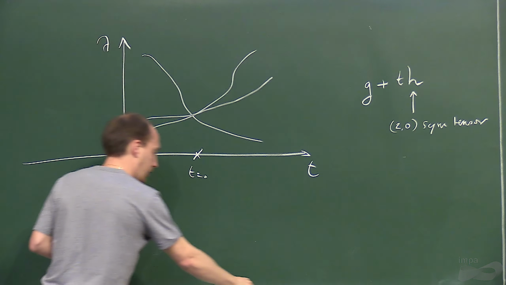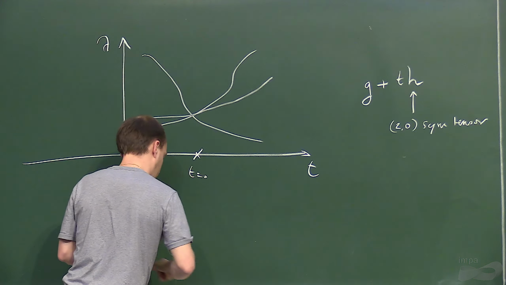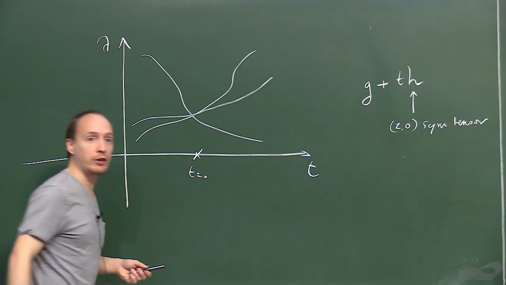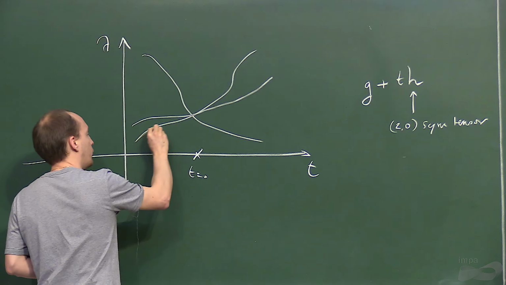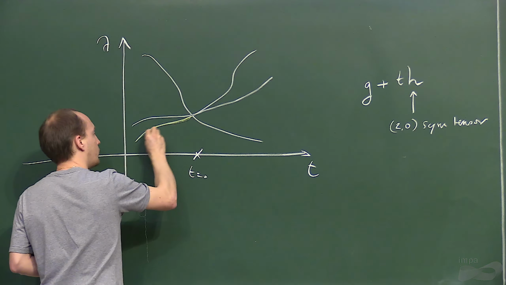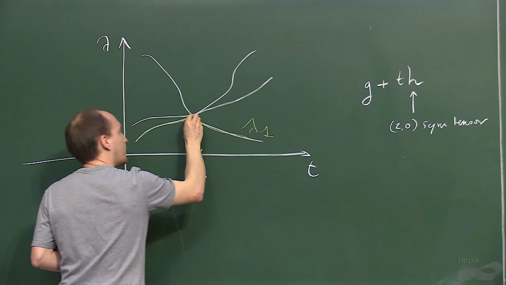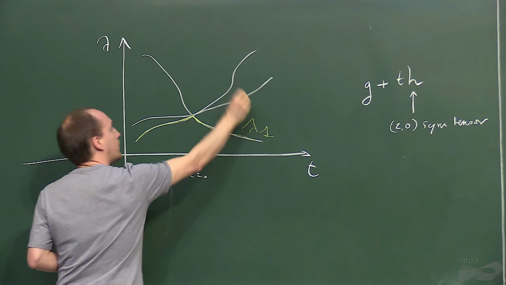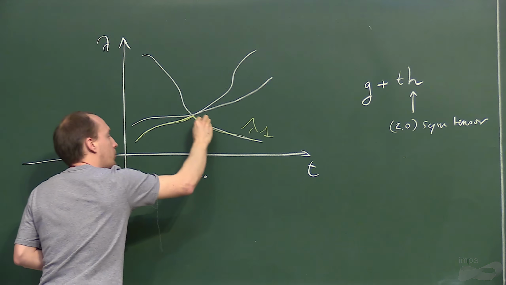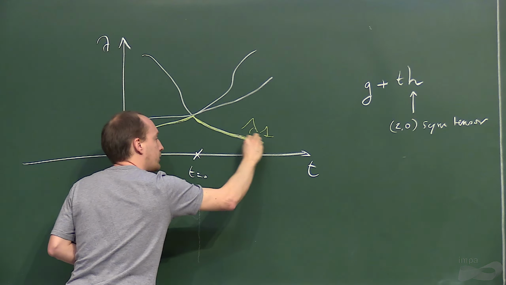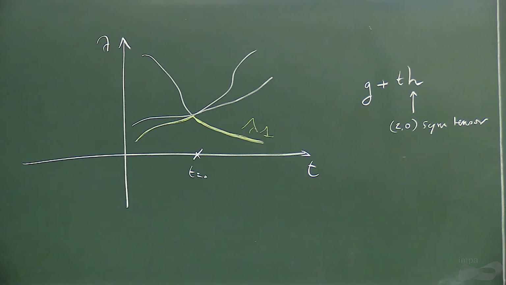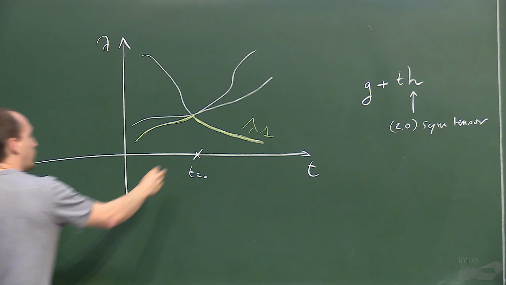The way I put the indices of eigenvalues is: you take the minimal one, which is lambda 1, the following one is lambda 2, then lambda 3, etc. But in this graph, you see that lambda 1 cannot be a C1 function; it cannot have a derivative here.